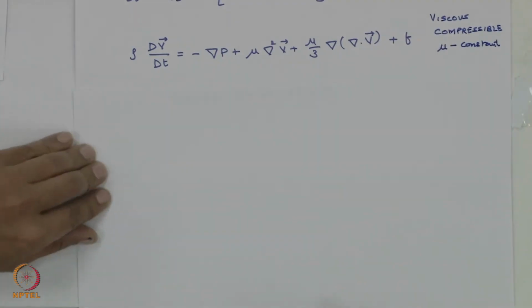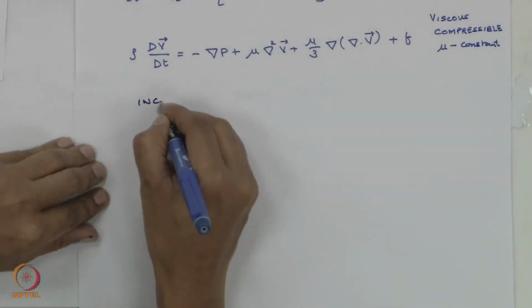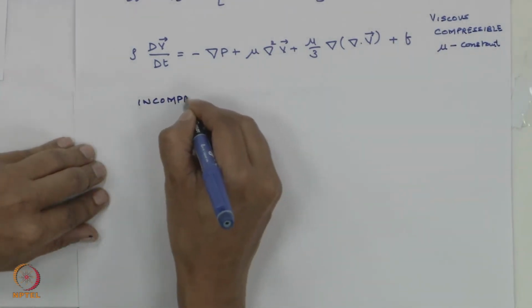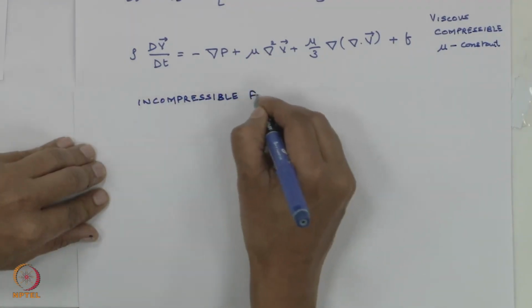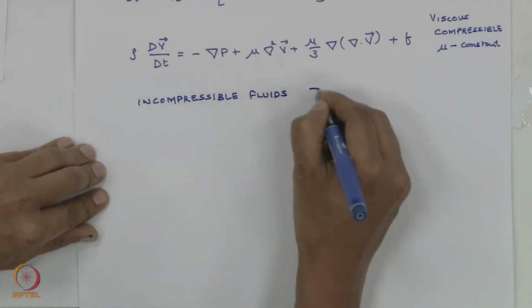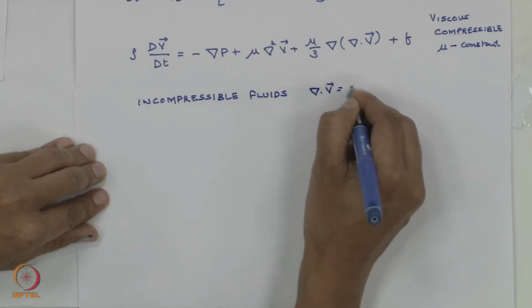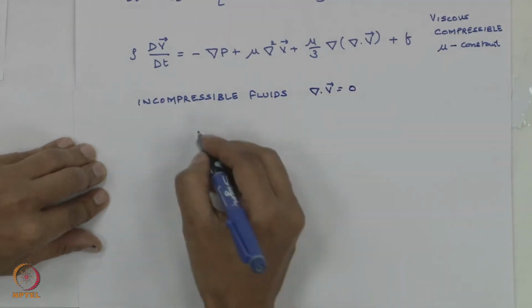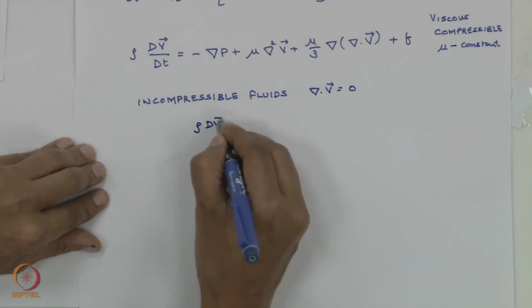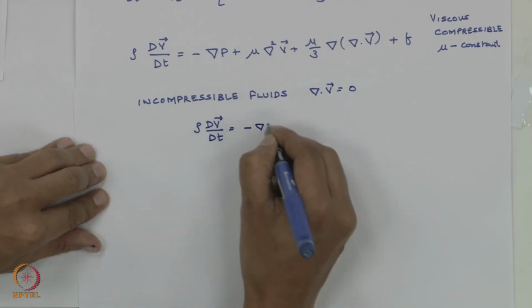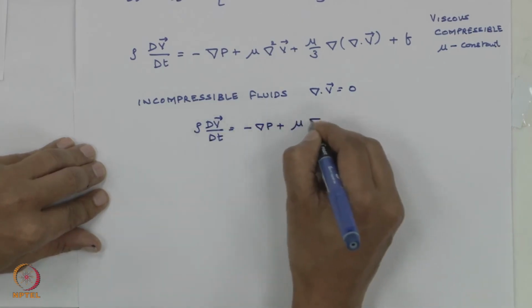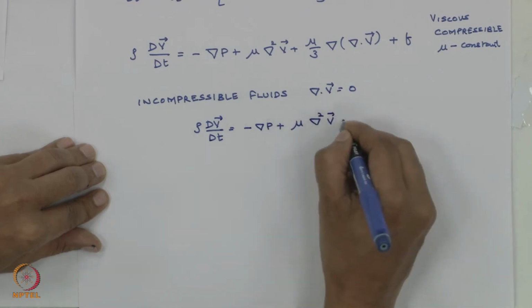Correct? Now if I write this for incompressible fluids, what is that for incompressible fluids? We know that for incompressible fluids del dot v is going to be equal to 0. So my equation reduces to rho dv by dt is equal to minus del p plus mu del squared v plus f.